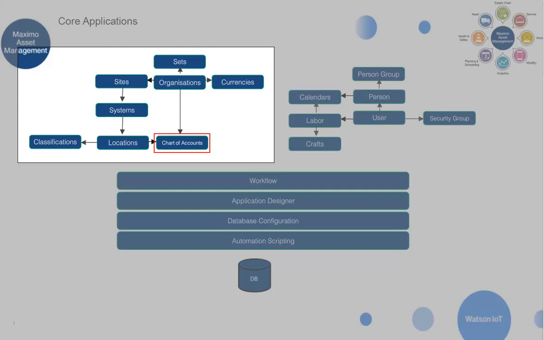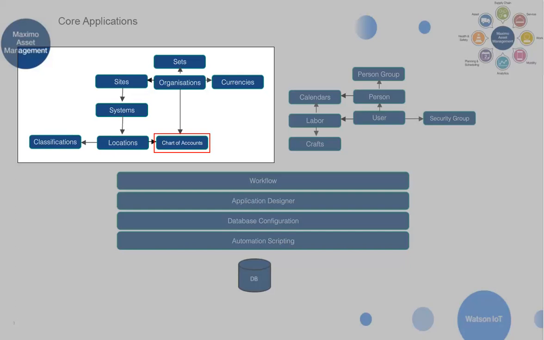These accounting codes are usually fed into Maximo from another financial system. Within the Chart of Accounts application, you also have the ability to deactivate GL account code validation and/or financial period validation if the customer does not require this.